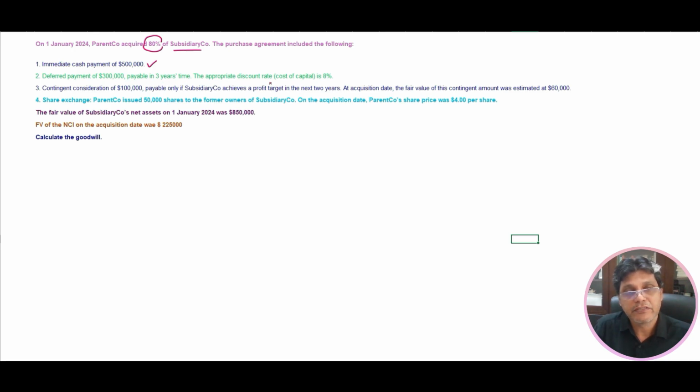The appropriate discount rate or the cost of capital is 8%. Now this 300,000 is payable in 3 years time. So when you consider the investment cost, this 300,000 has to be discounted over a period of 3 years. So basically we need to calculate the present value of this future payment.